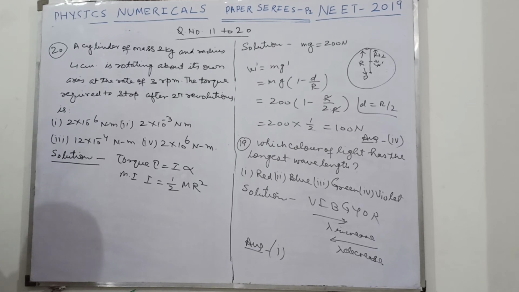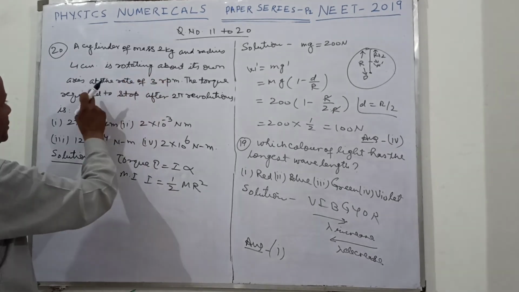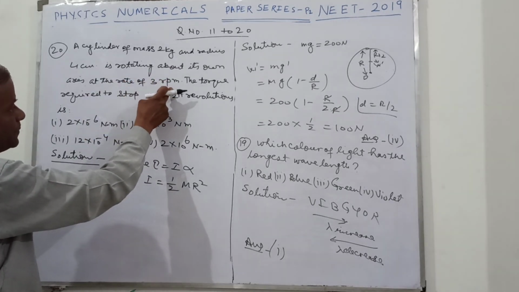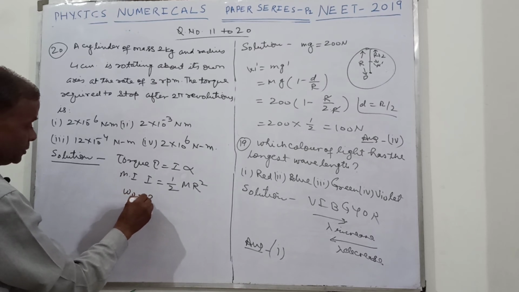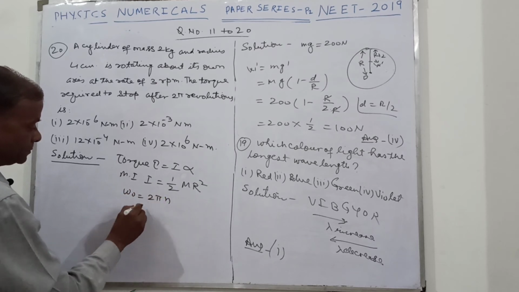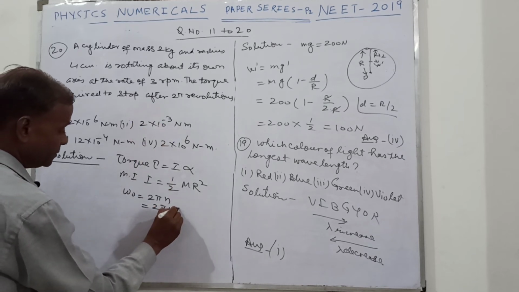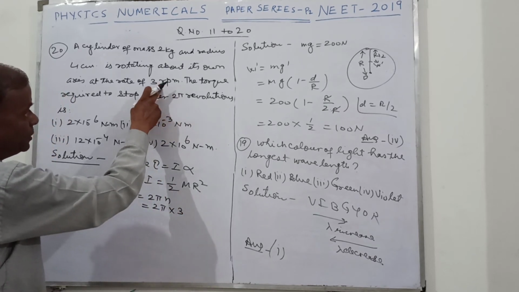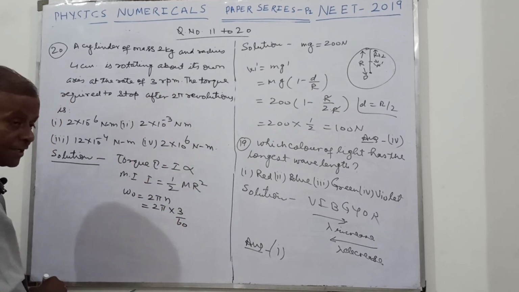What is given to us is that the cylinder is rotating at so much rpm. So omega naught equal to 2 pi n, which is 3 rpm, rotation per minute. Convert it from minute to second.